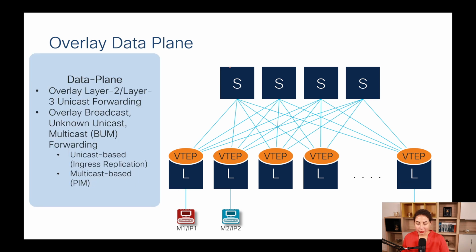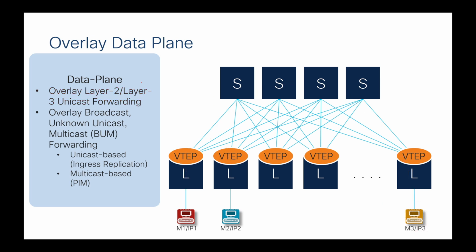And let's head to the data plane, the overlay data plane, roles. At this stage, the fabric knows exactly where each device is connected, because we have converged and we know that MAC1 IP1 is behind leaf1, MAC2 IP2 is behind leaf2, and MAC3 IP3 is behind leaf n.